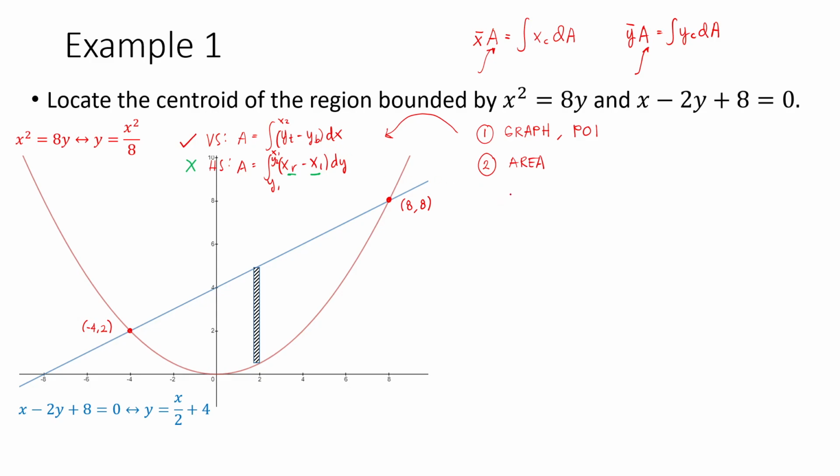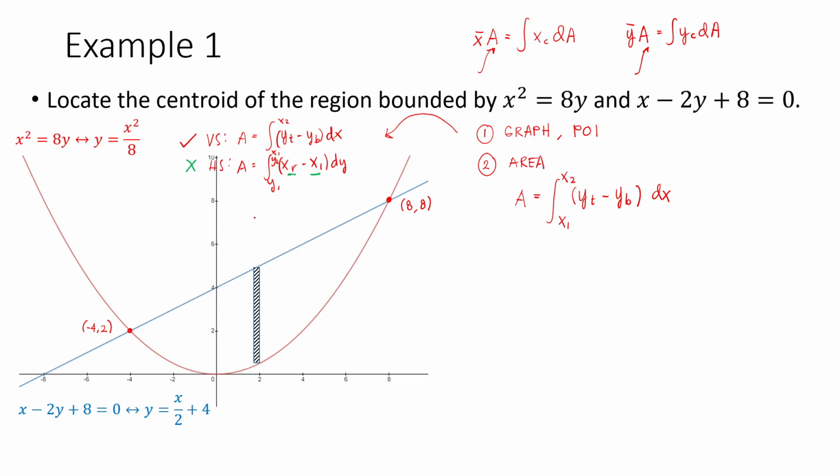So in solving for the area, since we'll be utilizing the vertical strip, area is equal to y top minus y bottom dx, from x1 to x2.